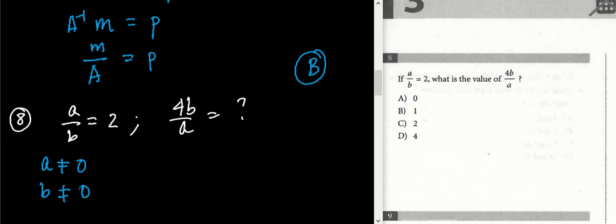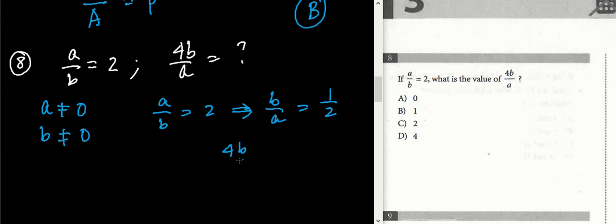And that's nice, because we can take reciprocals of this quantity without any qualms. If one of A or B were 0, then we may run into a divide by 0 problem, and that's illegal. We can't divide something by 0. In this case, we don't have to worry about that. So if A over B is equal to 2, that implies that B over A is equal to 1/2.